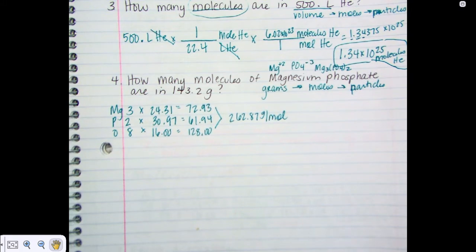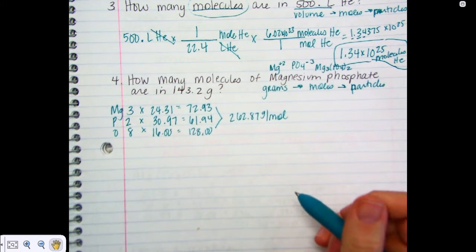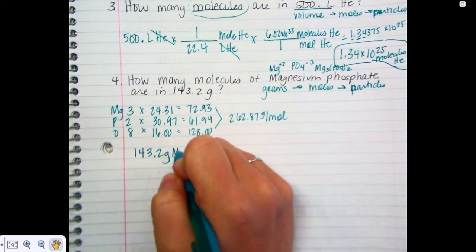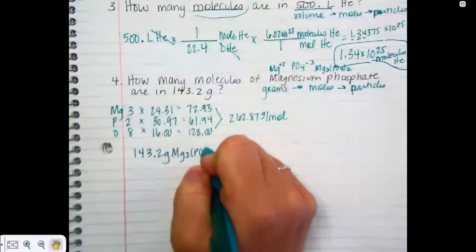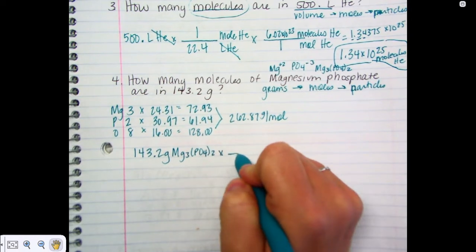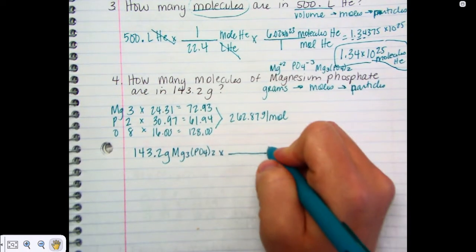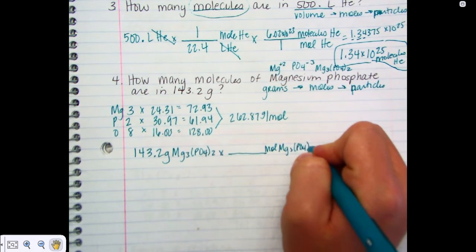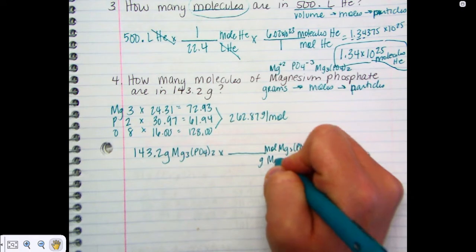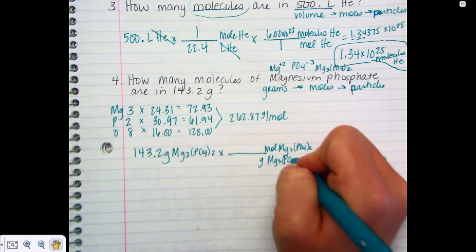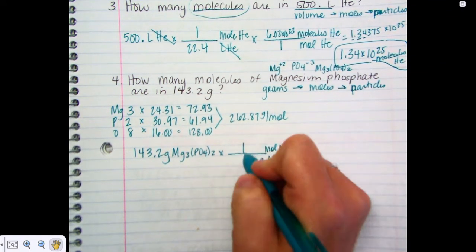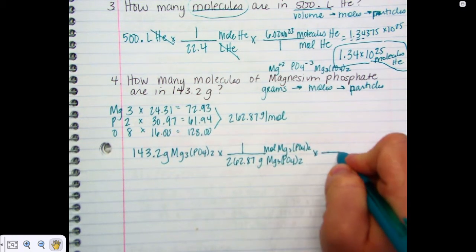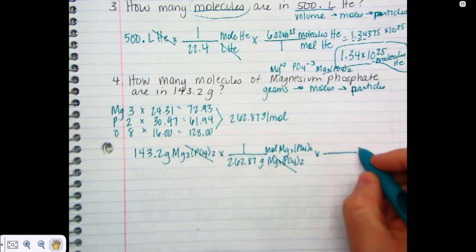Got all my parts. How many molecules are in 143.2 grams Mg3(PO4)2 times? Got to get out of grams, go to moles. So moles on the top, moles of Mg3(PO4)2 over grams of Mg3(PO4)2. 1 mole is equal to 262.87 grams times, let's see, my grams went away, now I'm in moles.